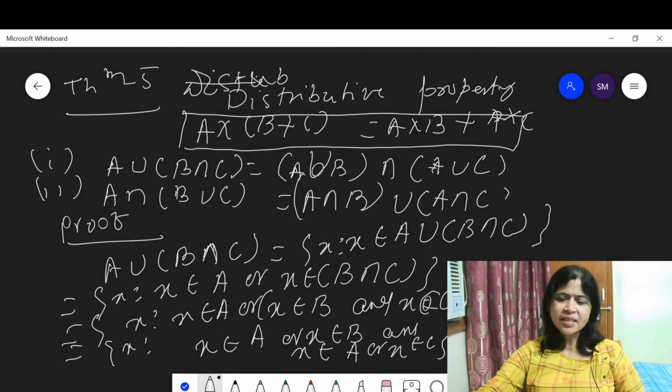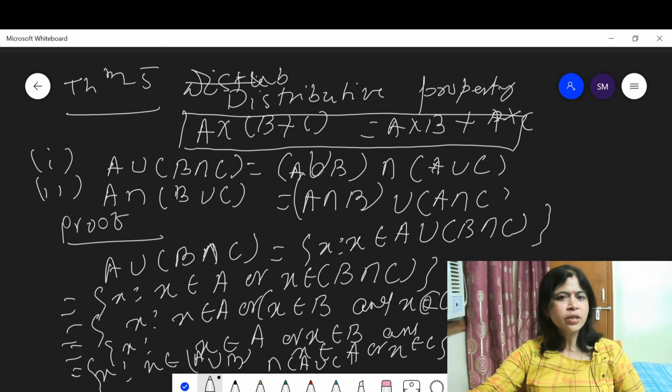This implies that x belongs to (A union B) intersection (A union C). Then look here, we get the proof of the distributive property. Hence we get A union (B intersection C) is equal to (A union B) intersection (A union C).